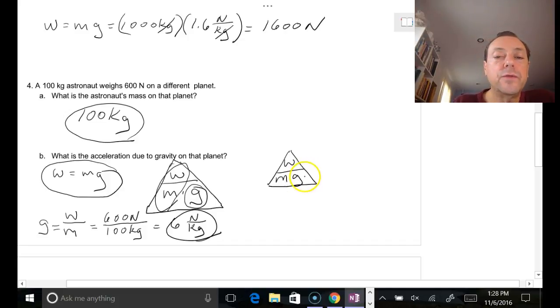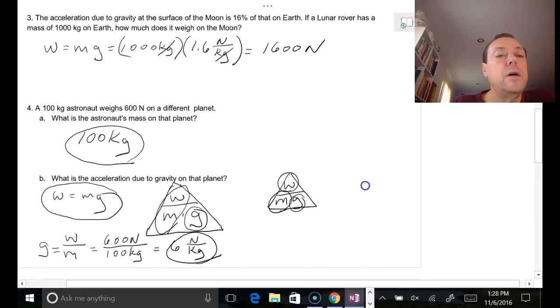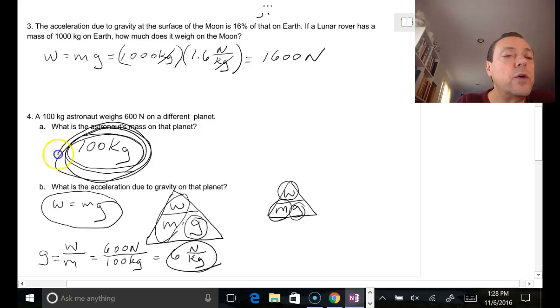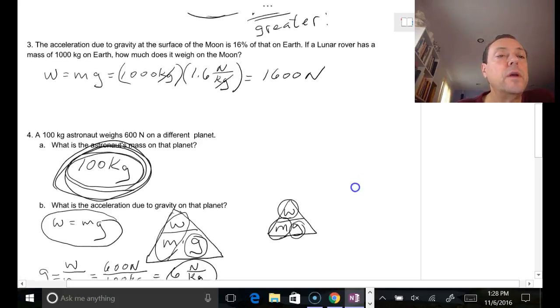If you're looking for gravity, it's weight over mass. If you're looking for weight, it's mass times gravity. And if you're looking for mass, it's weight over gravity. Also remember that mass remains constant no matter where you are. Your mass is constant everywhere in the universe.